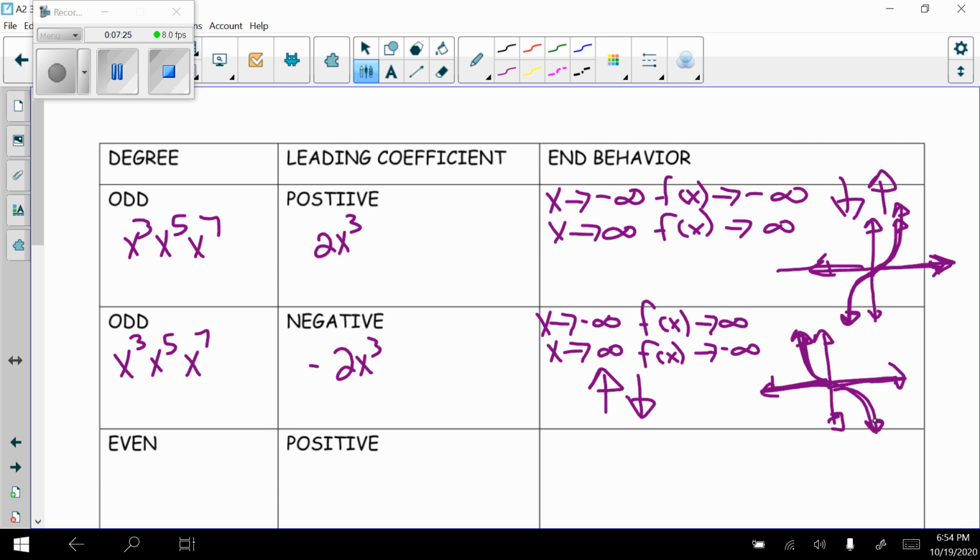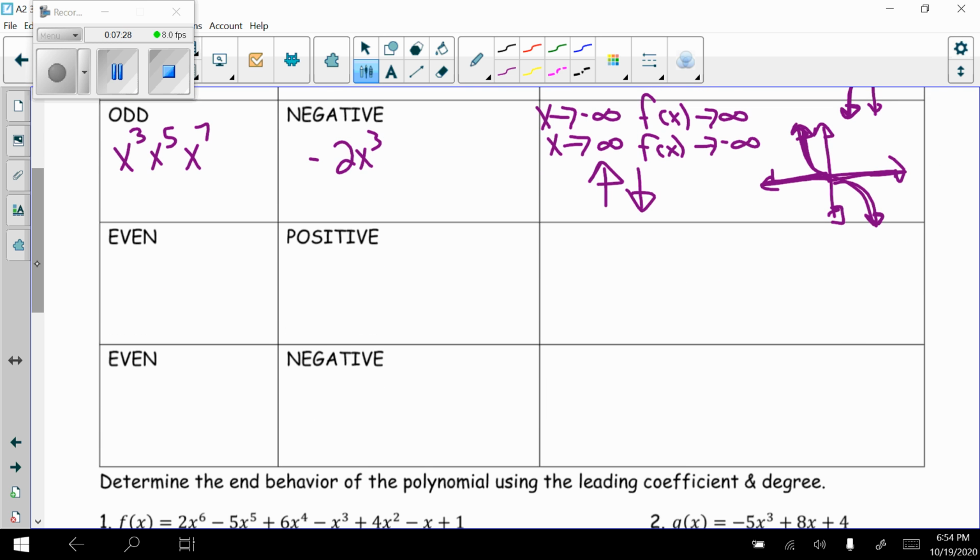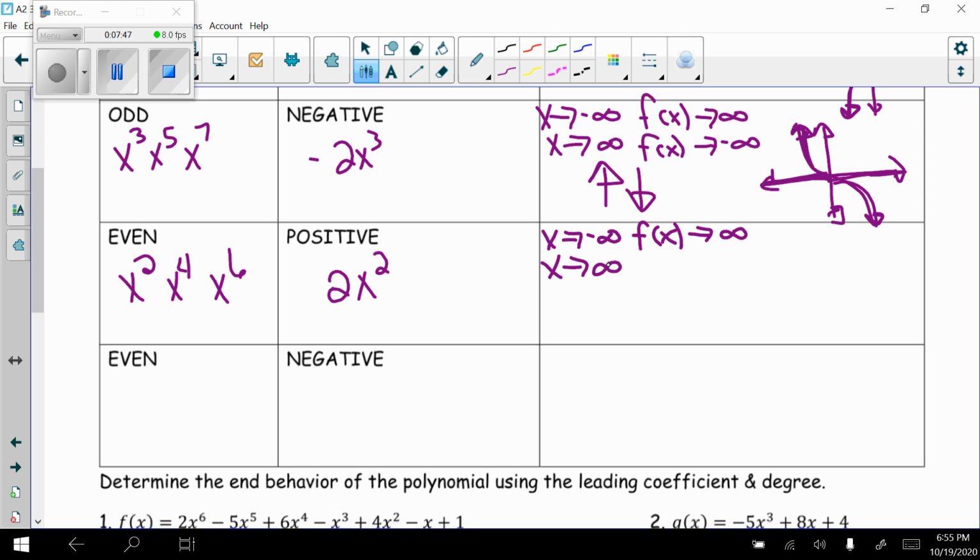Okay. Now we're going to look at if the degree is even. So this is like x squared, x to the 4th, x to the 6th, and it's positive, so like positive 2x squared. So x is approaching negative infinity. F of x approaches infinity. As x is approaching infinity, f of x approaches infinity as well.